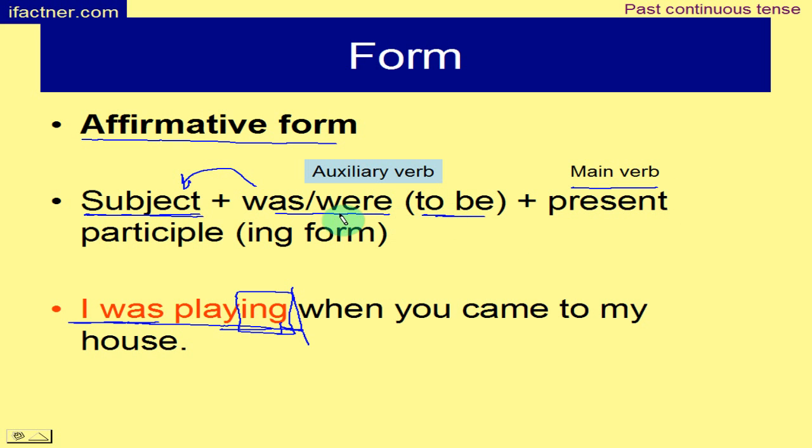This is the auxiliary verb, was or were, and this is the main verb. So it's subject, auxiliary verb, and then the ing form of the main verb. That is how we form past continuous tense.